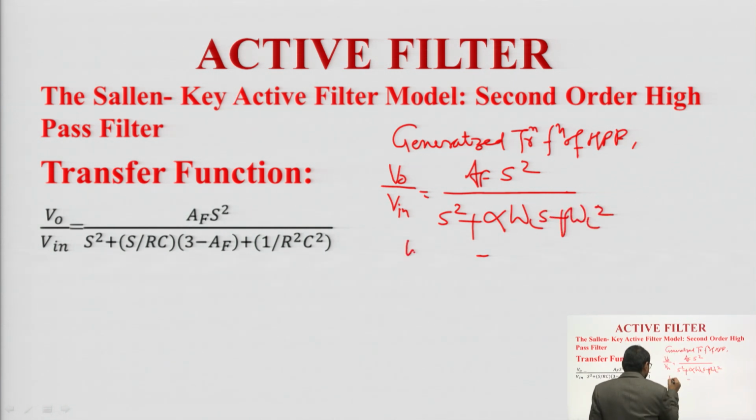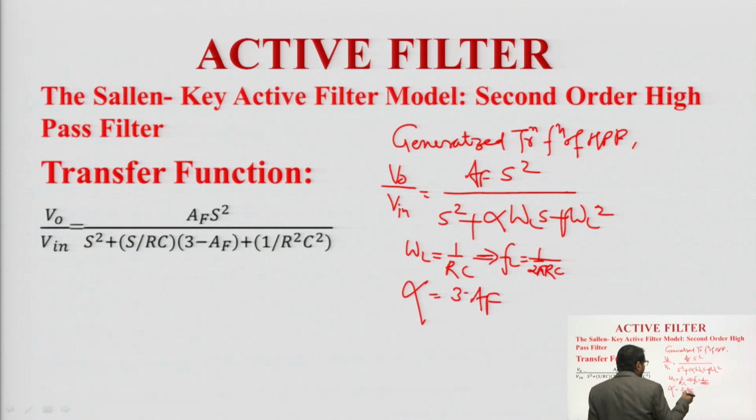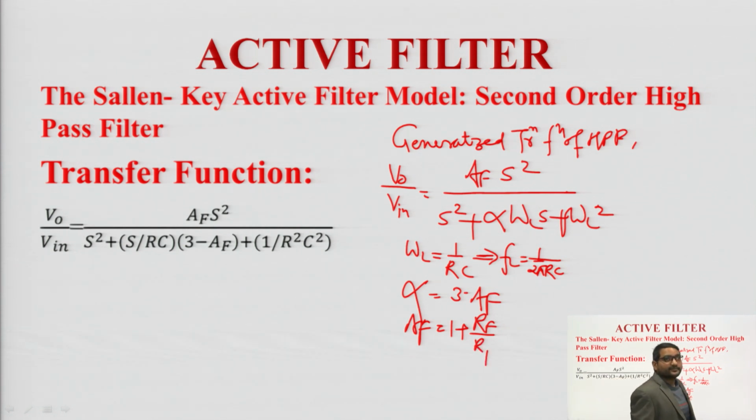If we compare these two equations, we get omega_L equal to 1 upon RC, or f_L equal to 1 upon 2 pi RC in hertz. f_L is the lower cutoff frequency for the second order high pass filter, and the same alpha is the damping ratio, which becomes 3 minus A_F, where A_F is 1 plus R_F by R1. This is the pass band gain of the filter, or simply the gain of the op amp circuit.